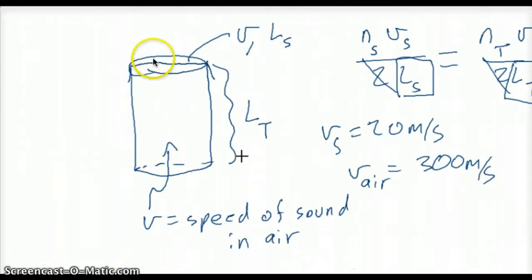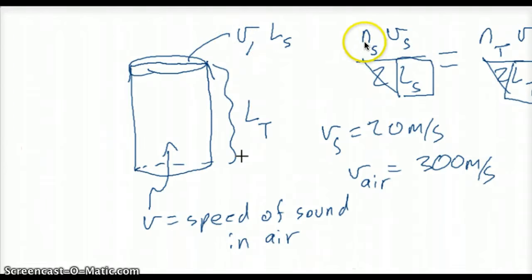And for this example, we can draw a box with a string, and then we have to find the matching frequency for it. So this box will have some matching frequency to this string. This is the velocity, that's the string. So we have to find the length of the box to match the frequency of the string.